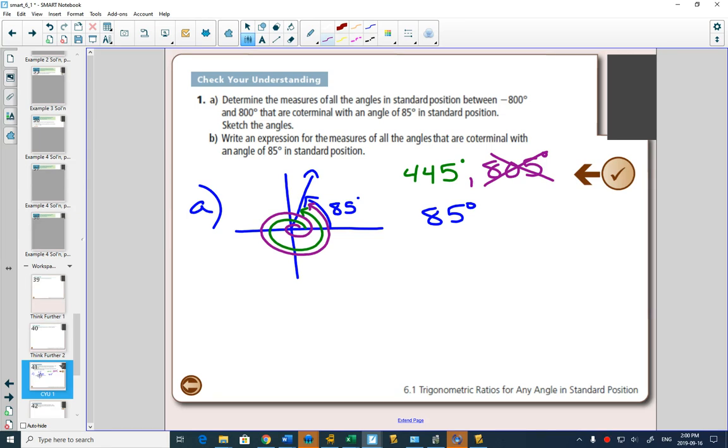But we can also go in the negative direction. Now, if I keep sketching these, this is going to get messy. Can you see there also would be that one going backwards? What could I do? I could go 85, subtract one full time around, 85 minus 360.